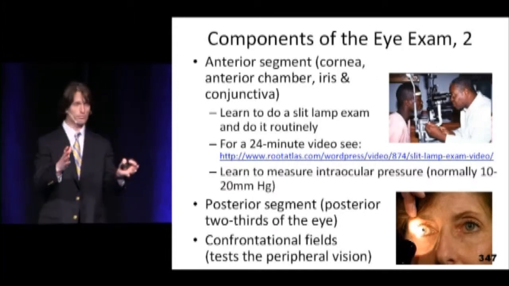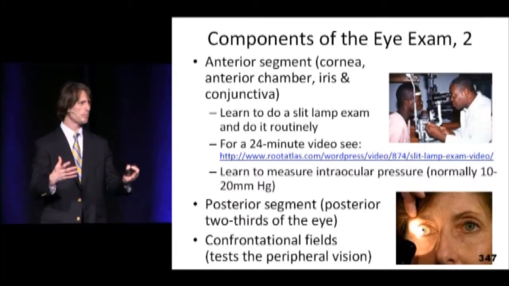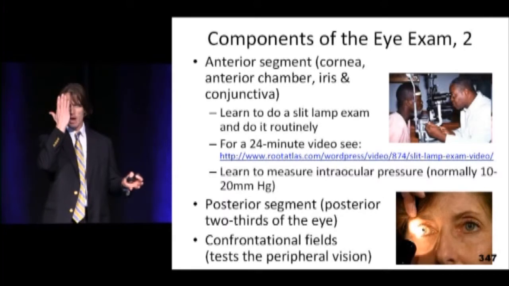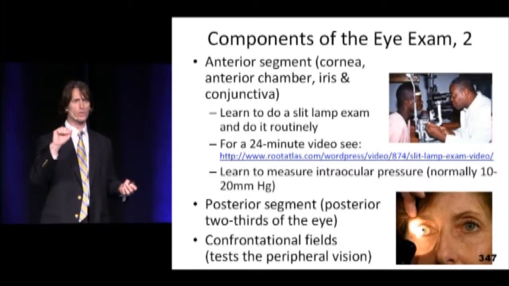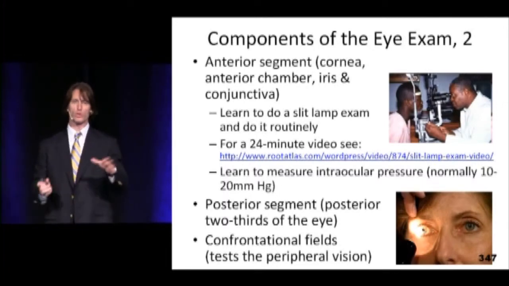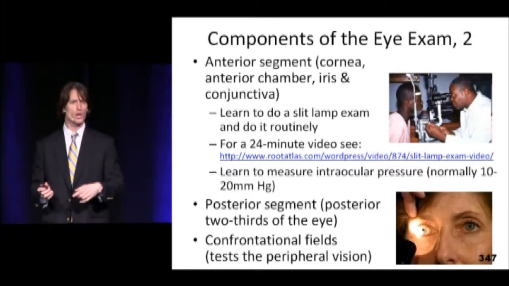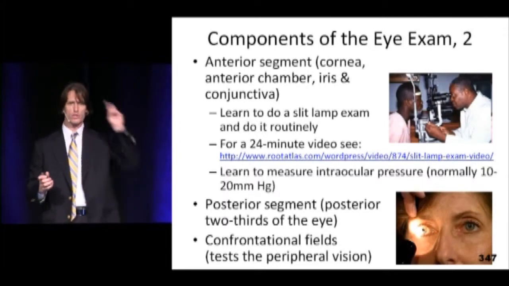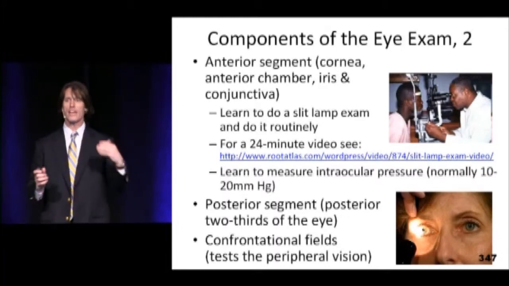And a great tool, particularly if somebody's complaining about visual problems, is visual fields by confrontation. So I'm going to cover my eye. The person's going to use their hand on that side to cover their same eye, and they're supposed to, unless they cheat, focus right on your nose, and you're going to hold a number of fingers up across their different visual fields, and they're supposed to tell you.